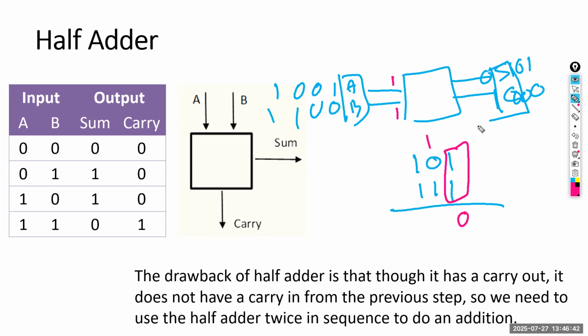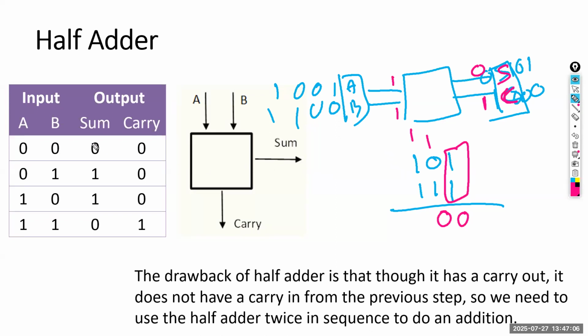Sum is 0. So this is sum, this is carry. So then my sum is 0, carry is 1. Now we have 1 plus 0 plus 1, 2. 2 means sum is 0, carry is 1.